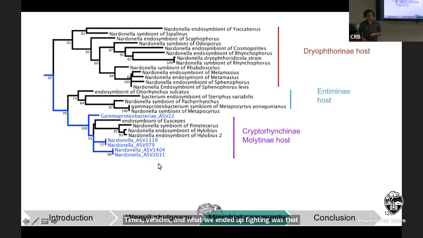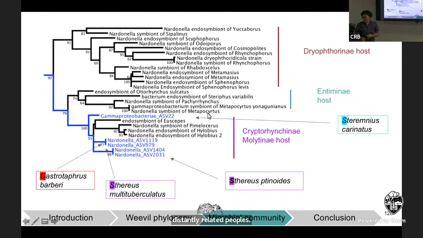So all of the Nardinella that I found was hosted in molotine weevils, and they aligned in the tree with Nardinella that was also hosted by molotine or cryptorhamne kinds, as compared to Nardinella that was hosted by more distantly related weevils like entomine weevils or Bryopterine weevils.